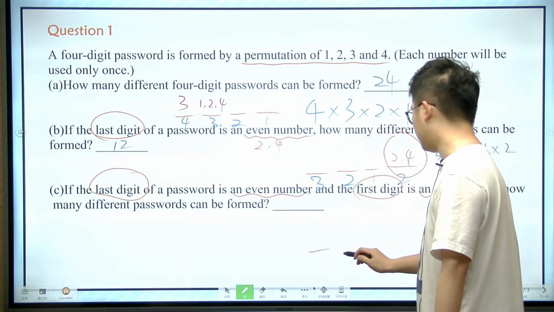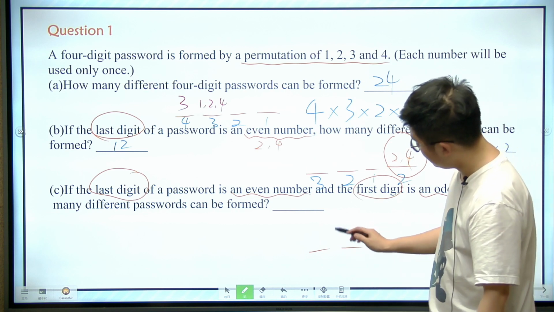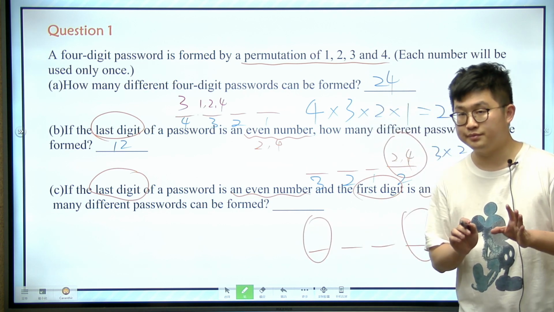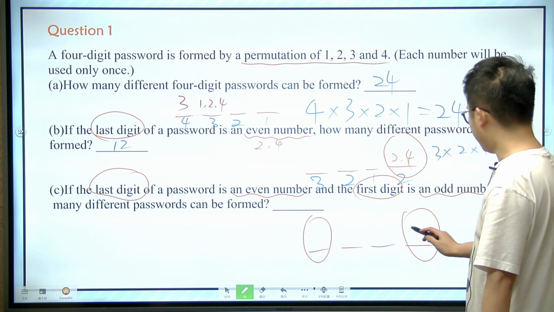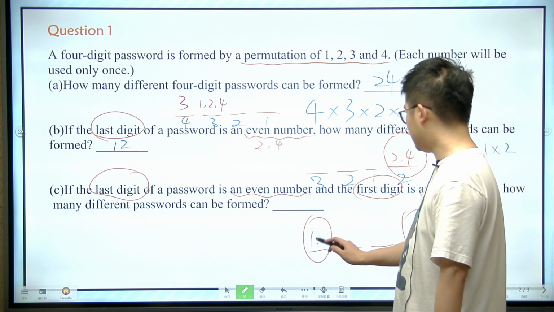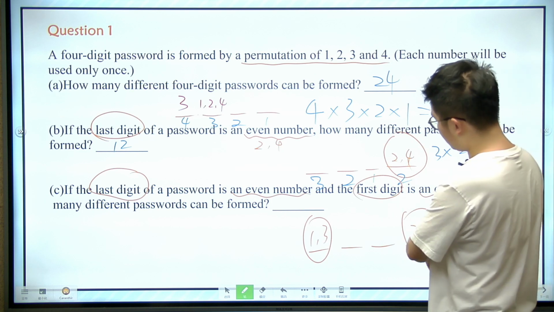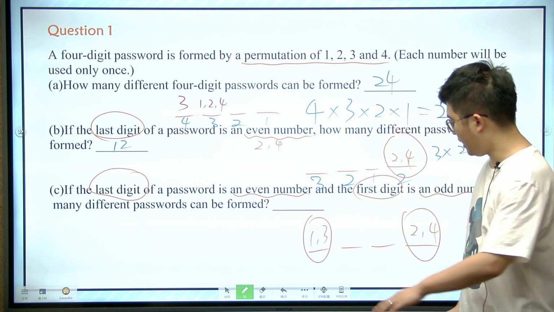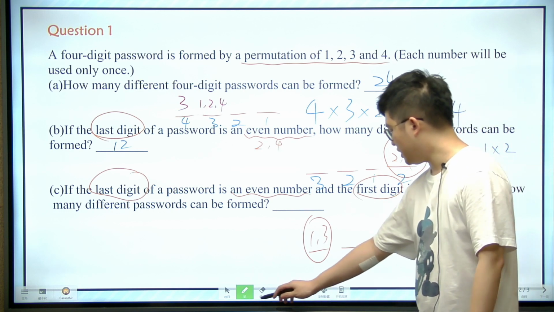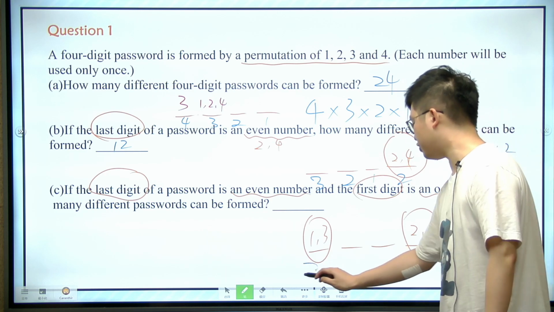Still we have 4 blanks to fill in, and the first and the last are special. We get 2 and 4 for the last digit, 1 and 3 for the first digit. Luckily, the numbers for these 2 blanks are quite different. So we have 2 choices here and 2 choices here.